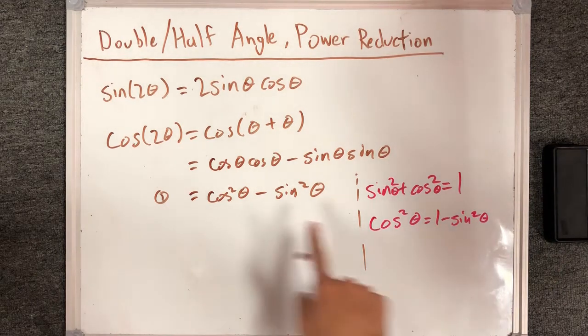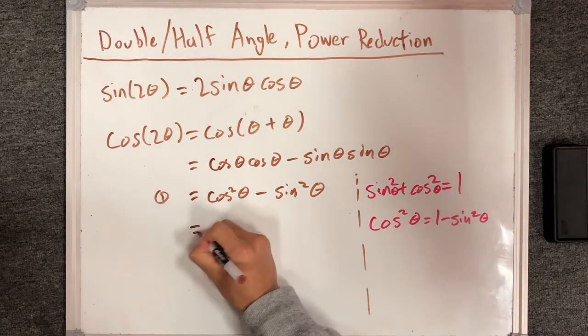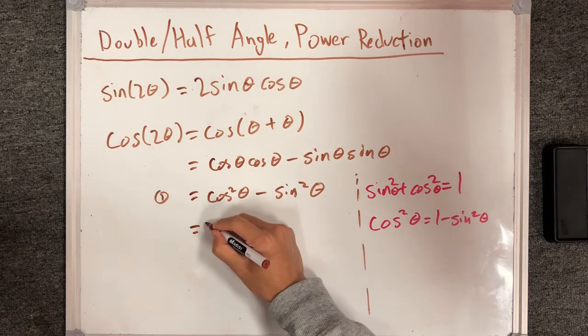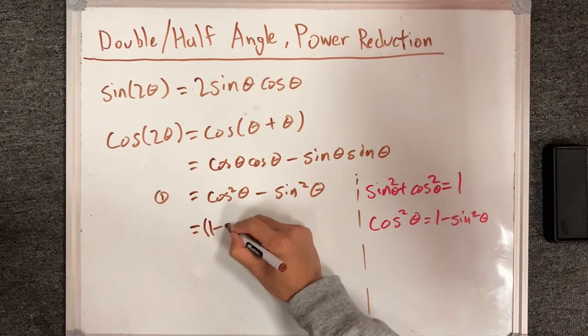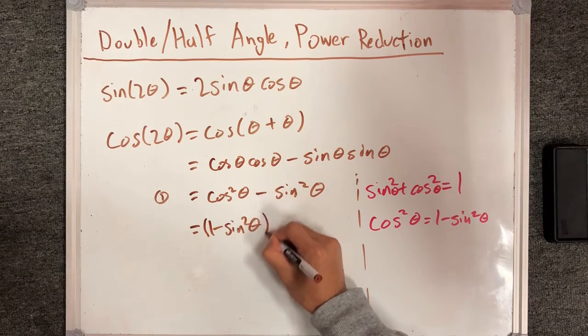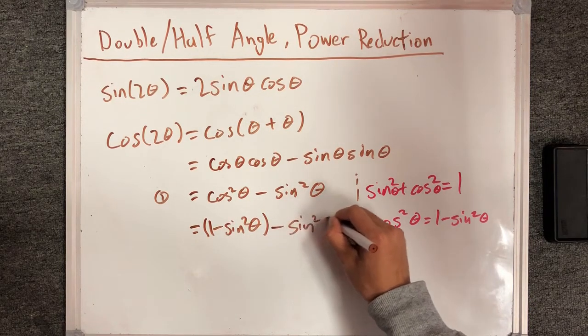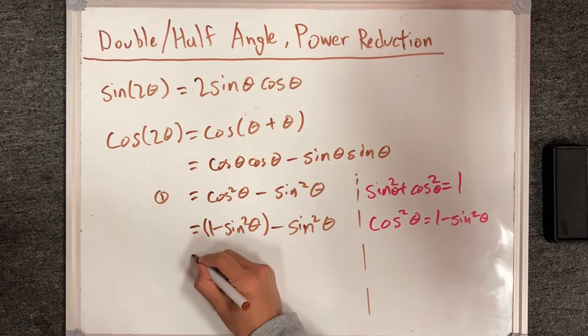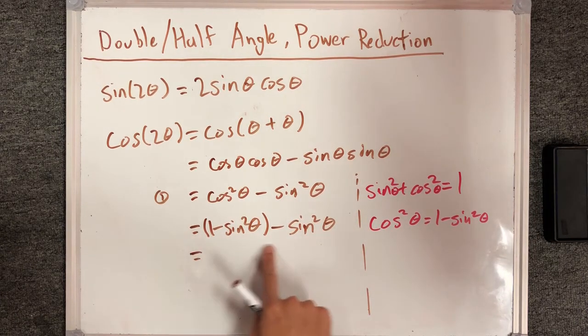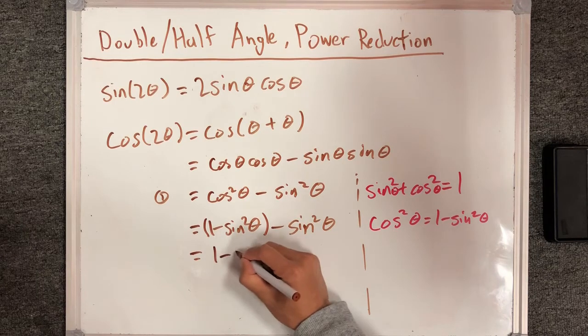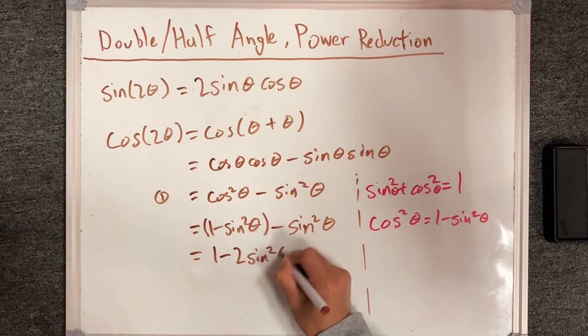I can take this form and plug it into my equation. I get 1 minus sine squared theta, that was cosine squared theta, minus sine squared theta. We end up with 1 minus sine squared minus sine squared. This is going to be 1 minus 2 sine squared theta.